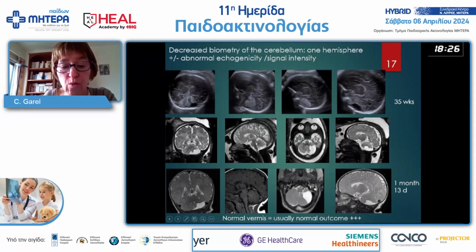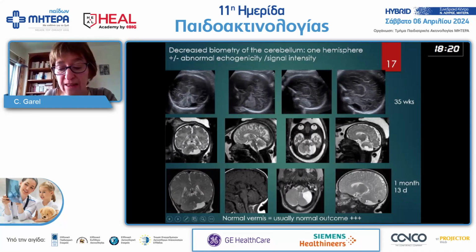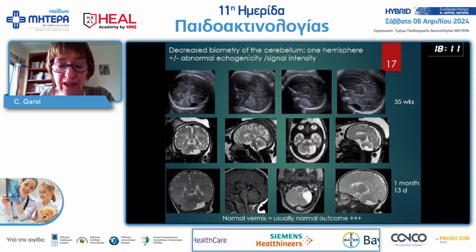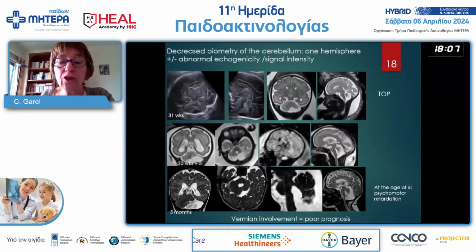And you notice that one hemisphere here is normal, the other hemisphere is abnormal, and you see that the border is irregular. But what is very important is that the vermis is normal. Usually these children display a normal outcome.